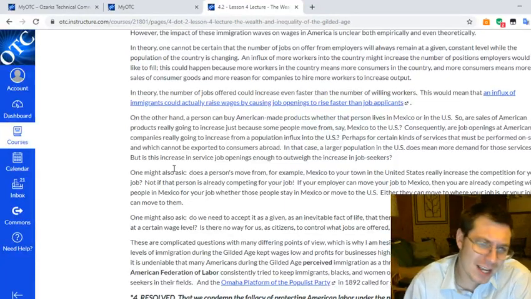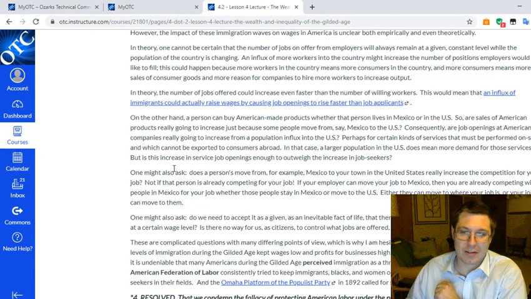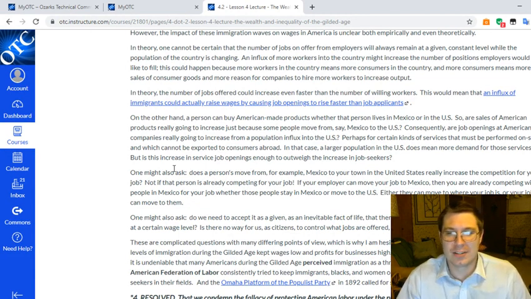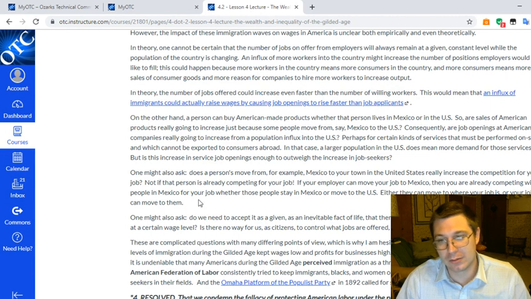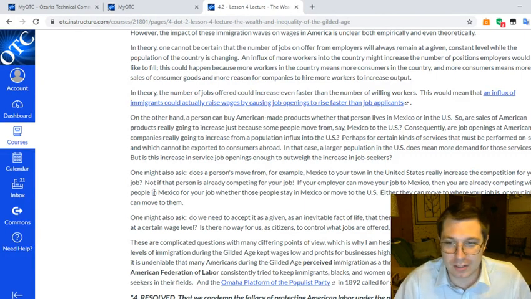One might also ask, does a person's move from, for example, Mexico to your town in the United States really increase the competition for your job? It wouldn't if that person is already competing for your job. For example, if your employer can move your job to Mexico, then you are already competing with people in Mexico for your job, whether those people stay in Mexico or whether they move to the US.